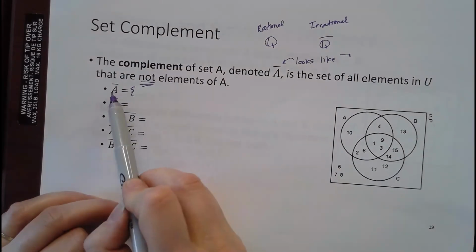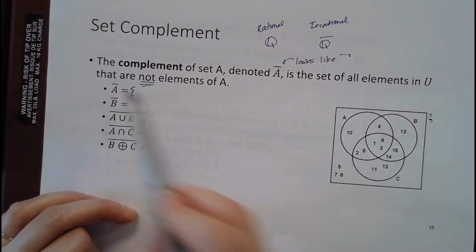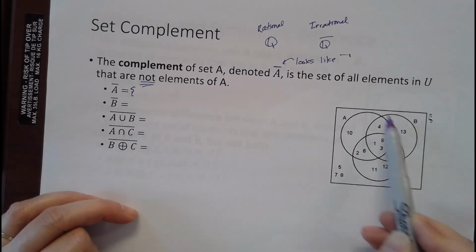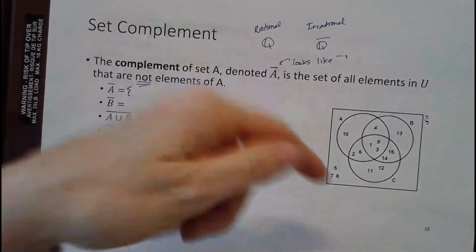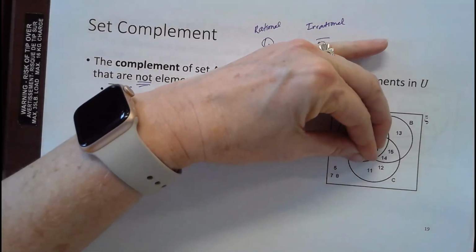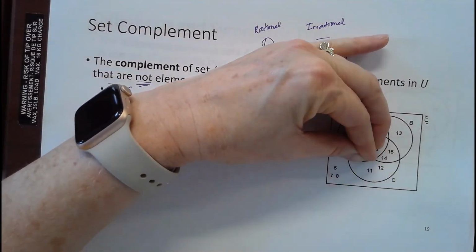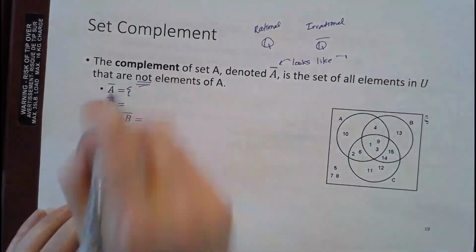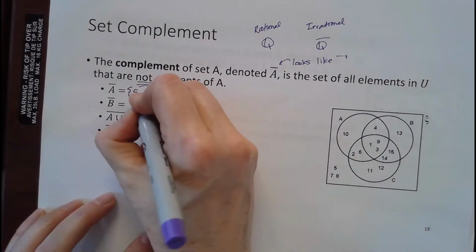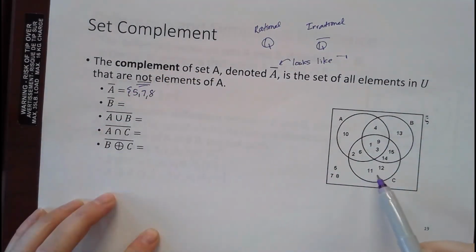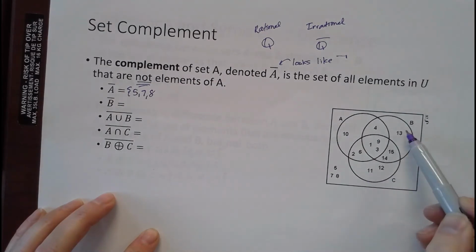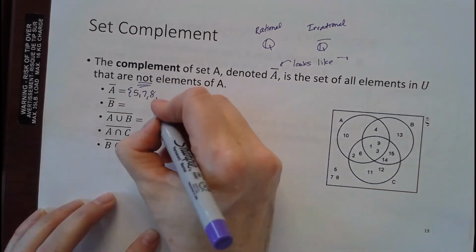So if I do the complement of set A, here's A. Everything that's not in A, I just got to cover up. If I got rid of all of A, then all this stuff out here is not in A. So I've got this 5, 7, 8 that's not in A. And then I've got this 11, 12, 13, 14, and 15 that are not in A.